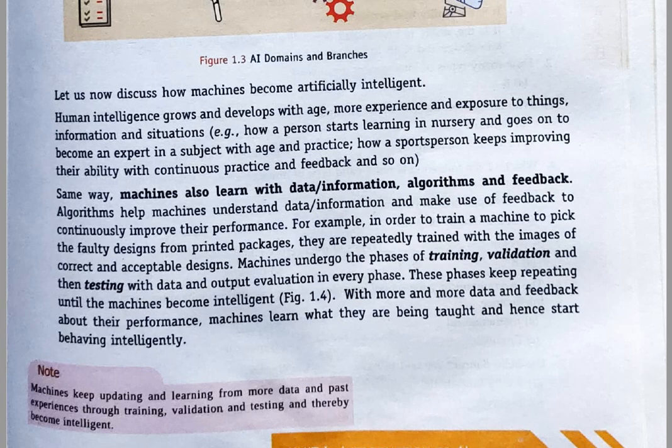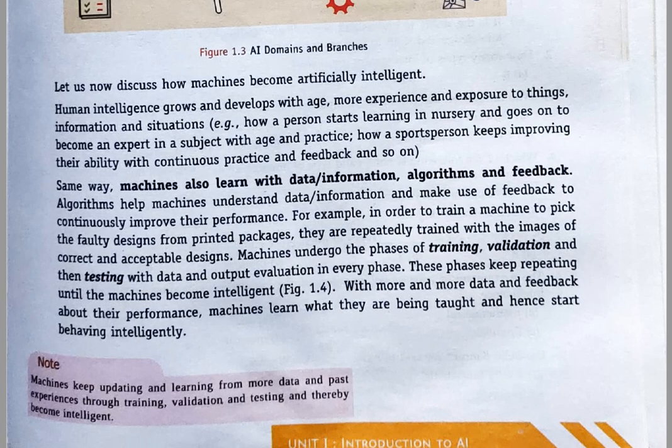So, in artificial intelligence, machines keep updating and learning from the data given to them. That is called training data. With the use of the algorithms or processes that are inbuilt in those machines, they generate results or apply their intelligence. So the machines learn with data, the algorithm, and the feedback they get after their operation.